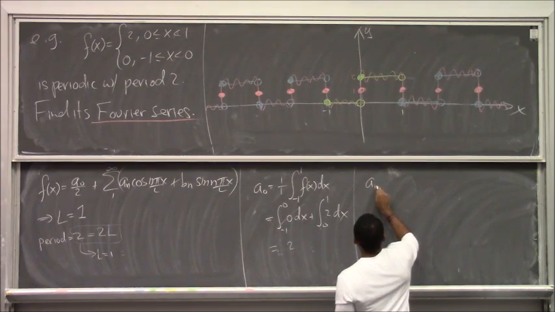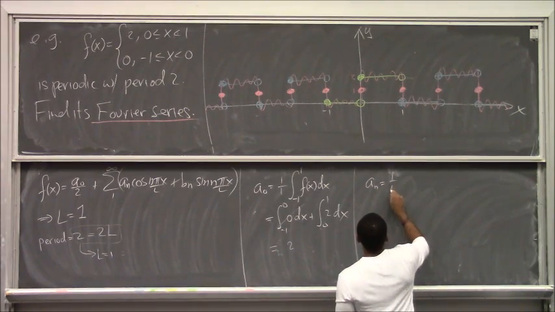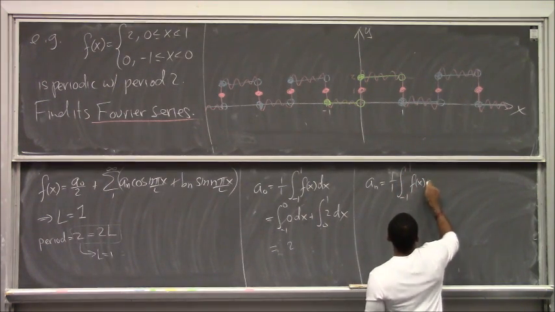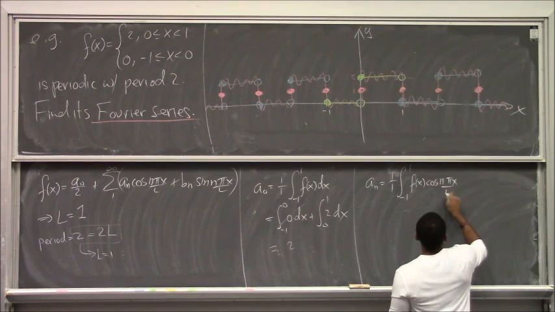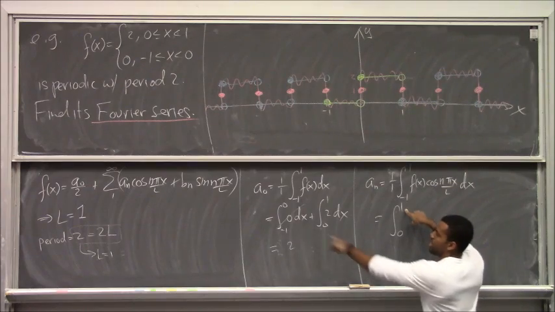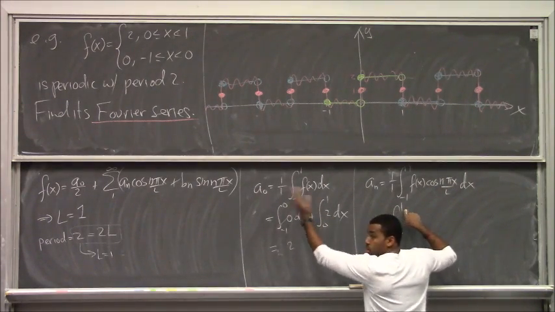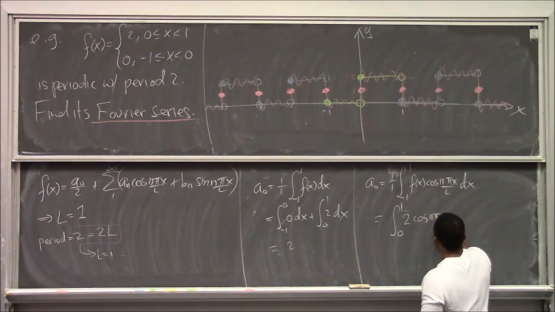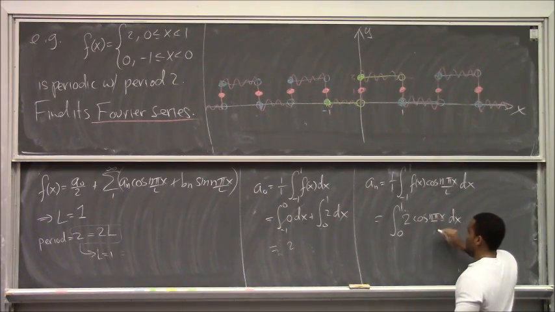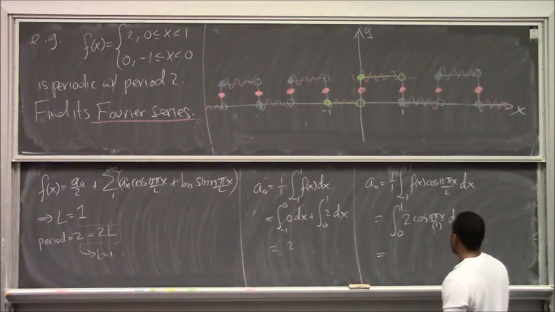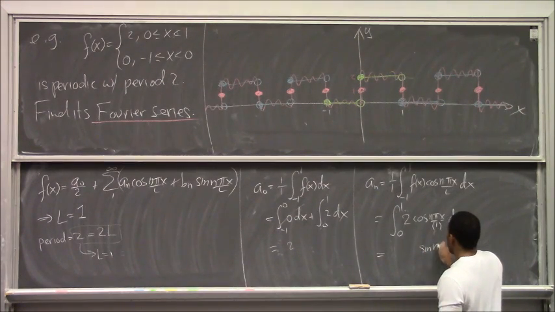And I'm going to go and find the an. Well, the an is going to be 1 over 1 times the integral from -1 to 1 of f of x cosine n pi x over L. Now, this ends up going from 0 to 1 because for -1 to 0, it's just going to give me 0. So it's going to be 0 to 1 of 2 times the cosine of n pi x over L. But my L is 1. So now I want to integrate that. The integral of cosine n pi x is sine n pi x over n pi.